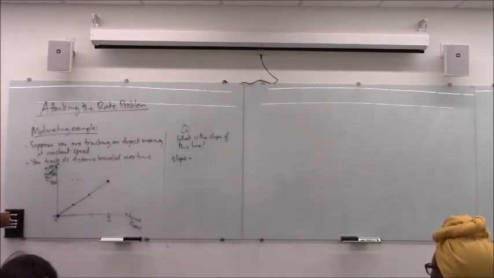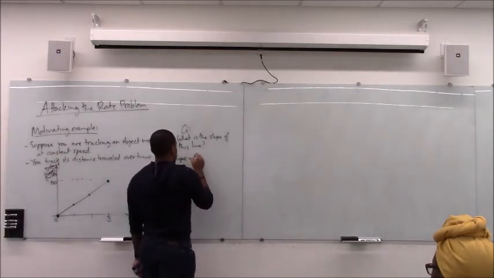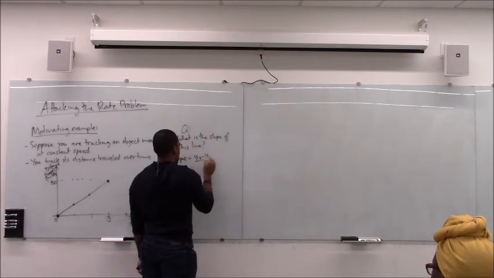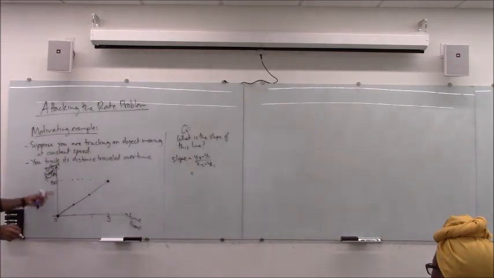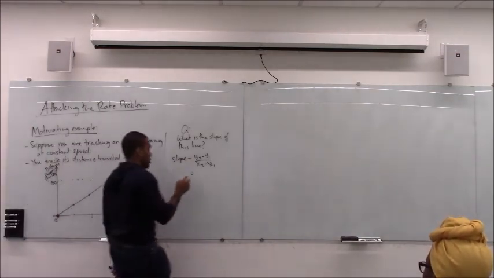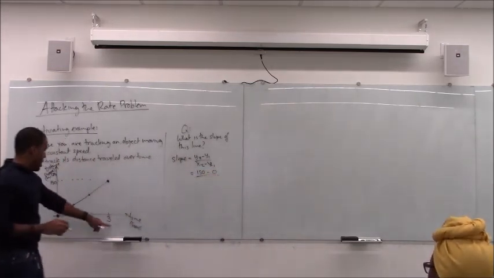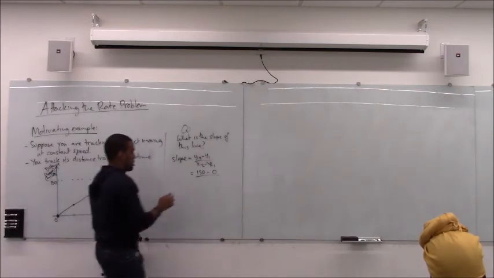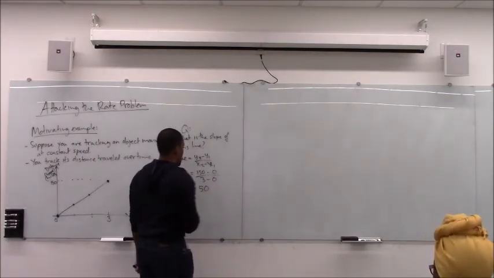You would do 150 minus 0 in the numerator. So it's y2 minus y1 over x2 minus x1. These are the y values here, 150 and 0, so that's y2, y1. And x2, x1. So that leaves you with 50. Okay?